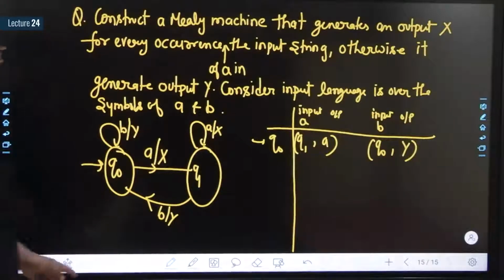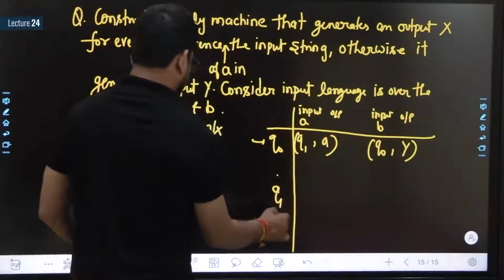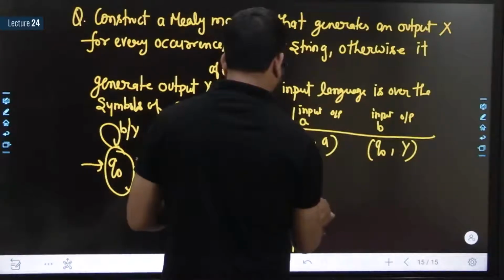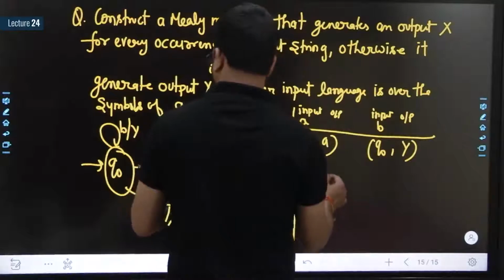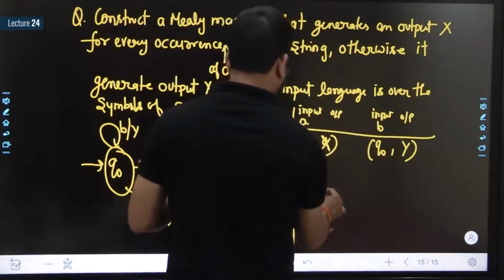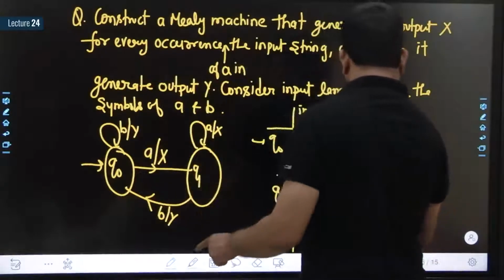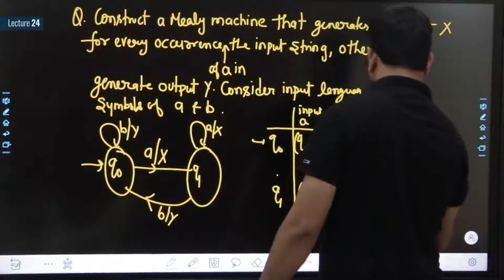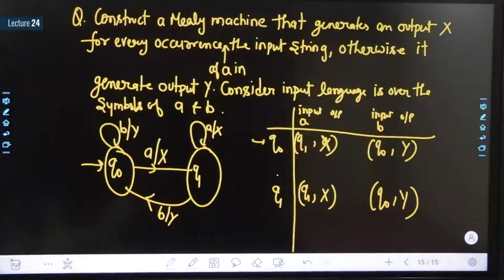Next, Q1. Q1 on A, Q1, output is X. Q1 on B, Q naught, output is Y. Clear?